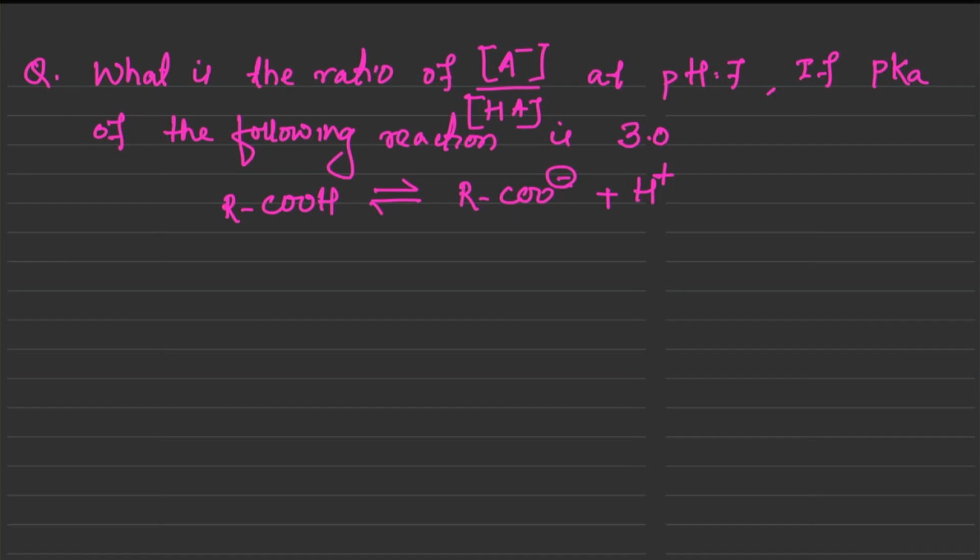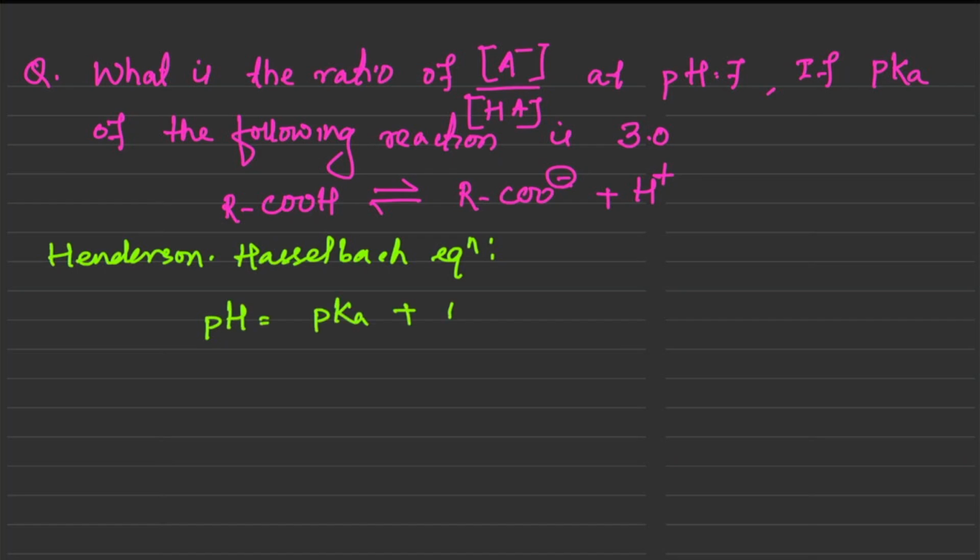So as per our Henderson-Hasselbalch equation, what was it? It's pH equals pKa plus log of the conjugate base A minus concentration divided by HA.